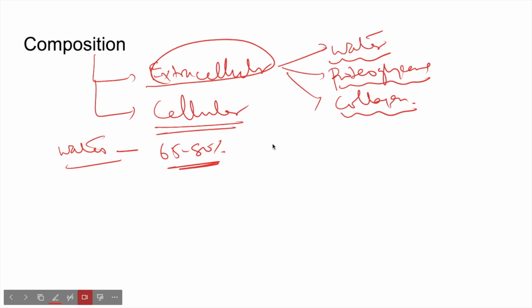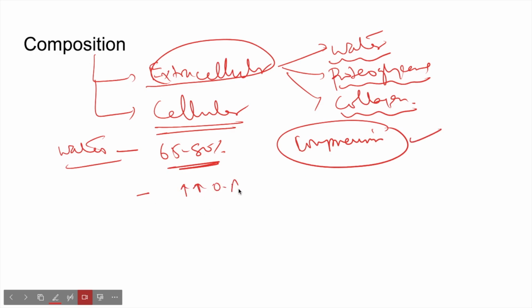What is important about water is that it is not compressible, right? So therefore it gives some stability in compression. Number 2, it increases in osteoarthritis and decreases with aging. This is a very big difference between water presence in the aging process and the osteoarthritis process.